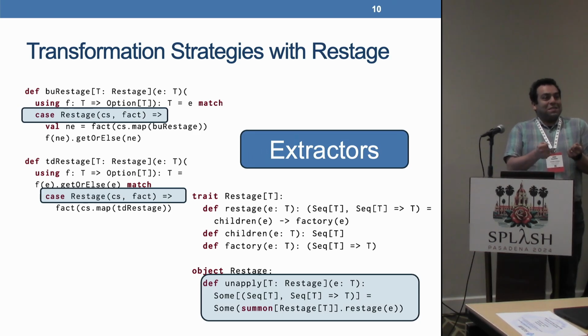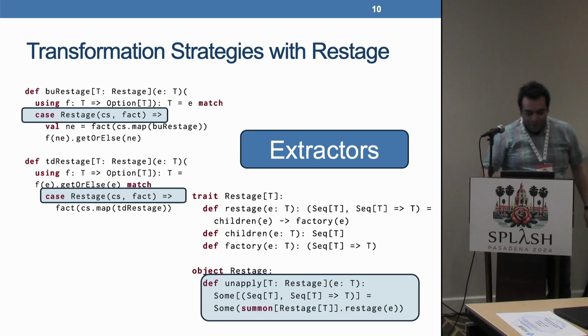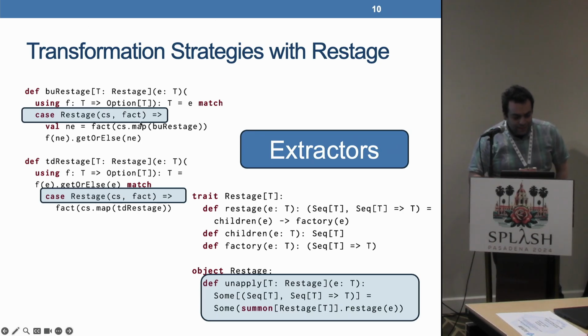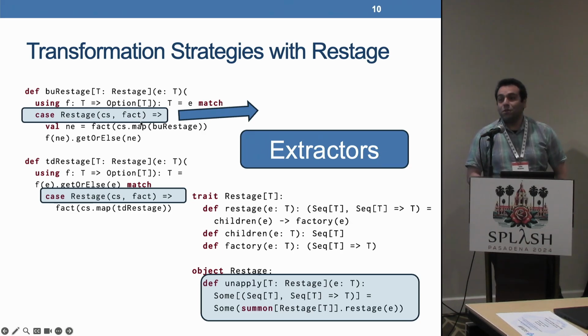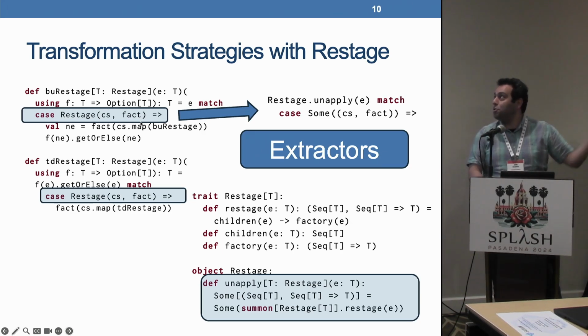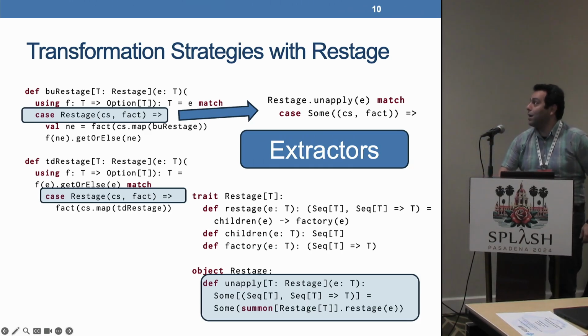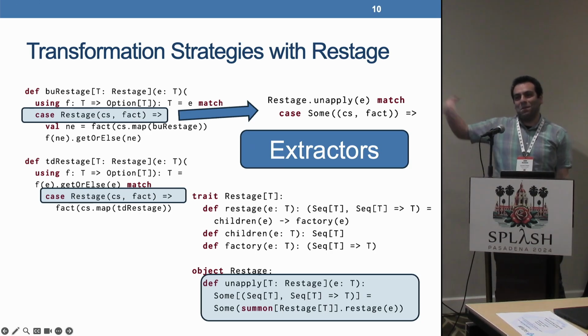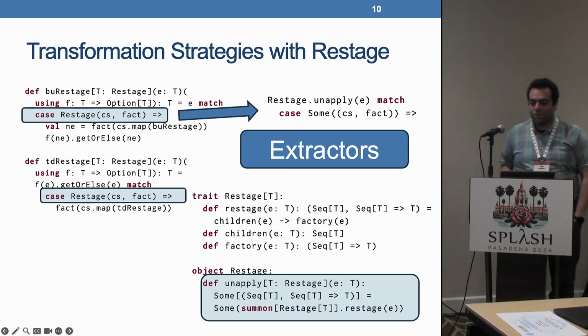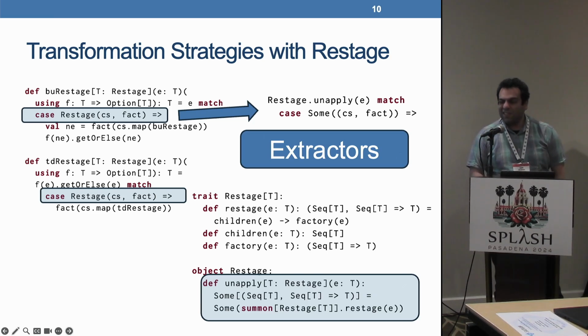So it basically gives you a way to do the pattern matching over that. Whenever it sees the following pattern matching, the Scala compiler is going to desugar it into the following unapply call. So we extend basically the pattern matching over this Restage type interface.